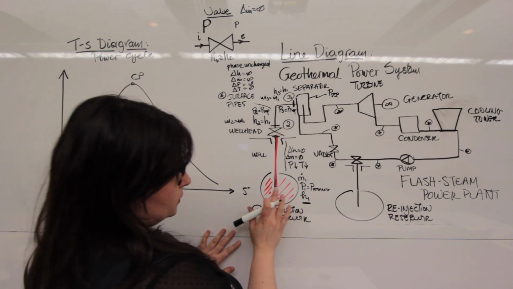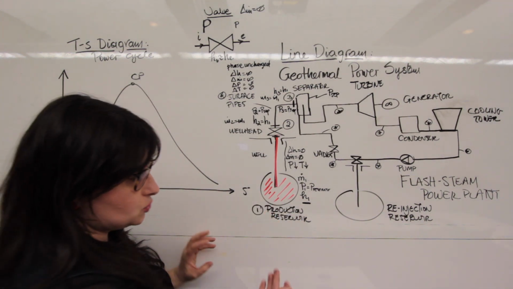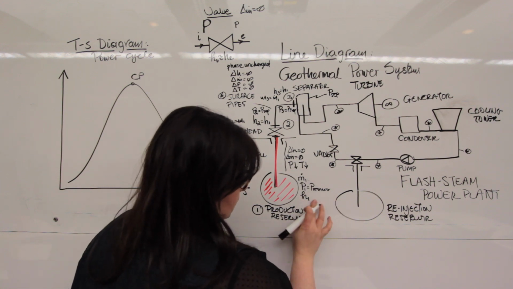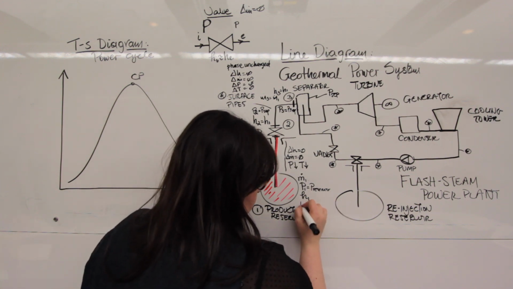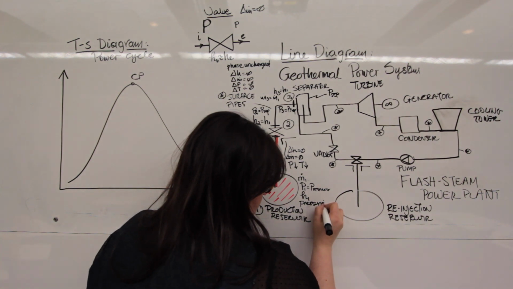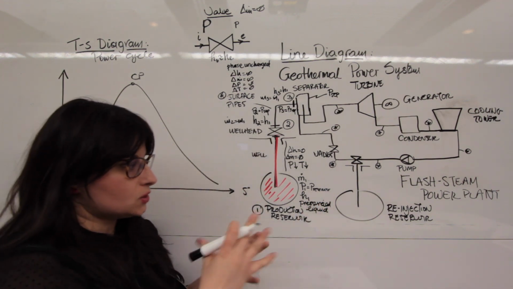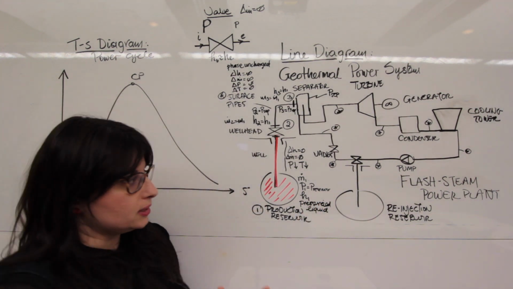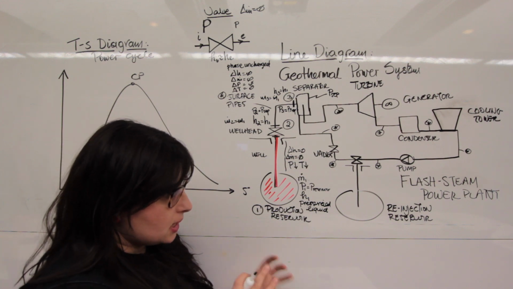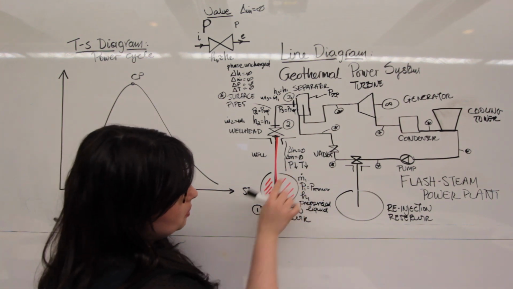Right. So down here, and this is given as an assumption in your example, the one that we're working at, I have pressurized liquid. So the pressure in the formation that's hosting the geothermal fluid is high enough to keep it at a liquid state. But what's going on?